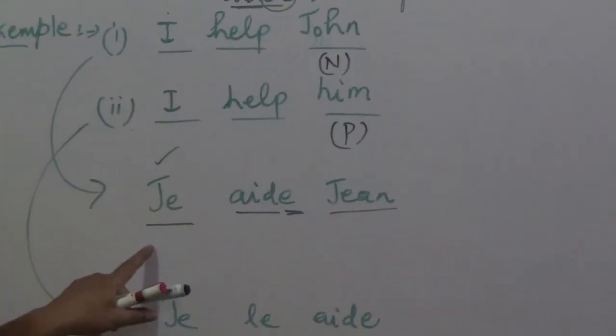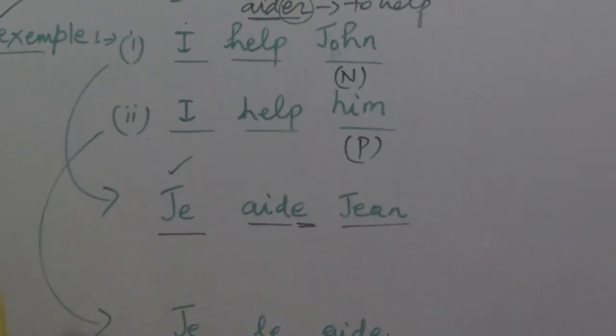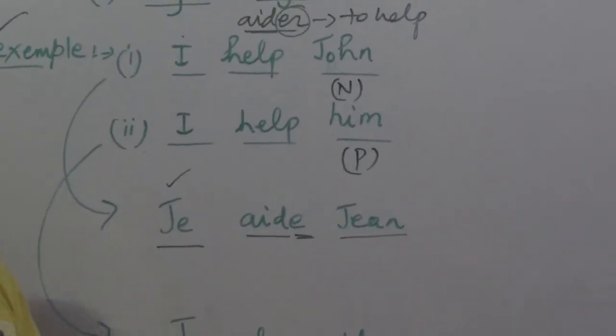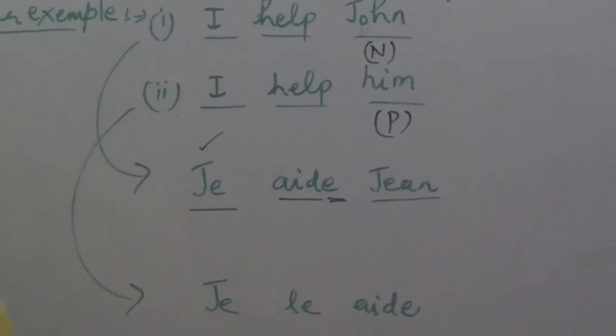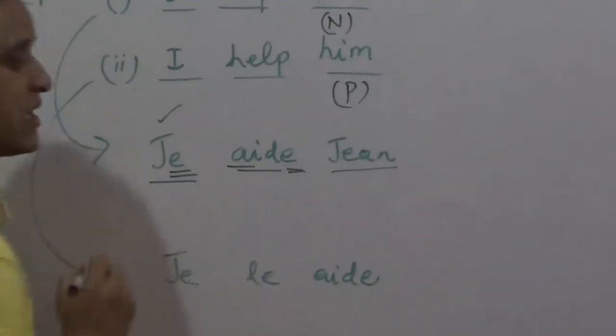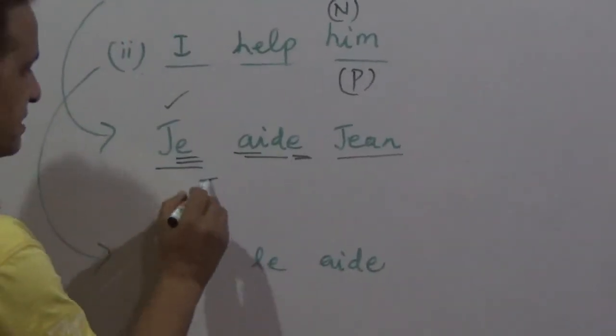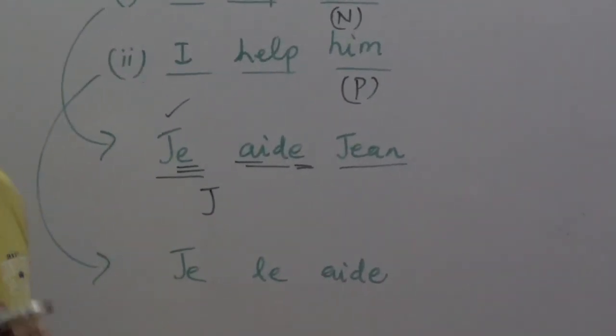We have used the English pattern: subject, verb, and object. But you see, this sentence is not complete. We have to remember the previous rules which we have done so far. One of them is what? If a word ends in a vowel and the next word begins with a vowel, in that case the first vowel is usually replaced by an apostrophe. Usually, not all the time.